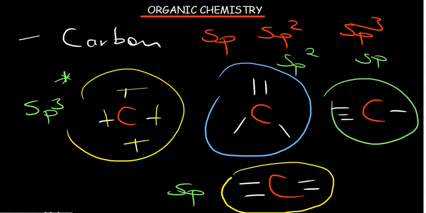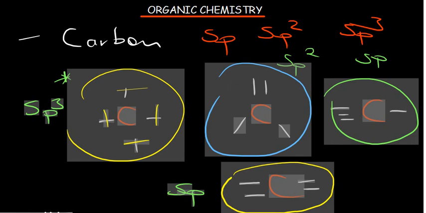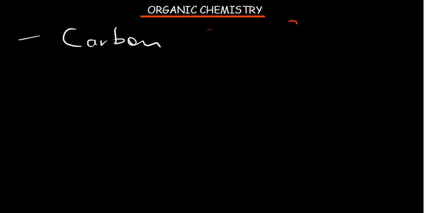Okay, so I want to go into details now and show how all these things come about. Okay, it's becoming more interesting actually. So the basic idea, guys, is if you look at what we call the ground state energy level diagram of a carbon atom, you're basically going to have something like this.